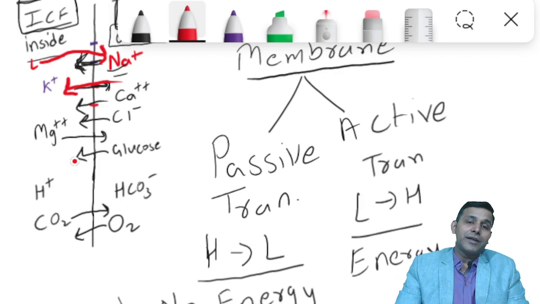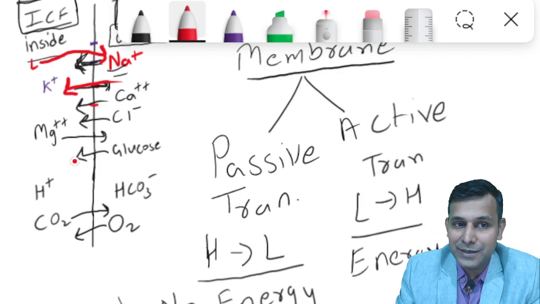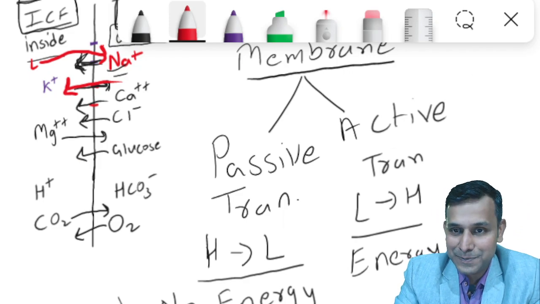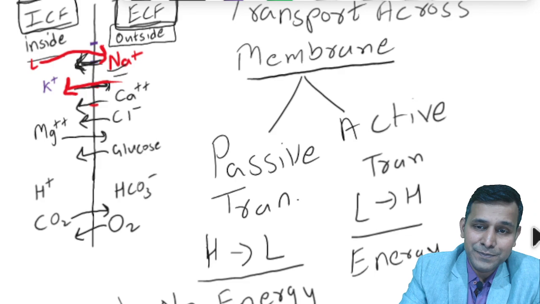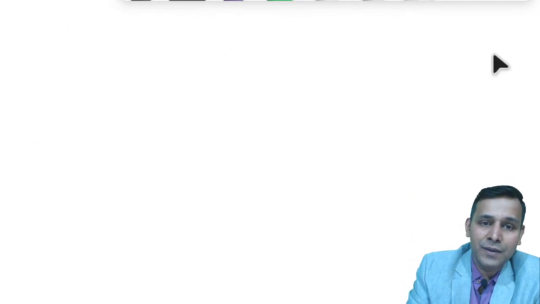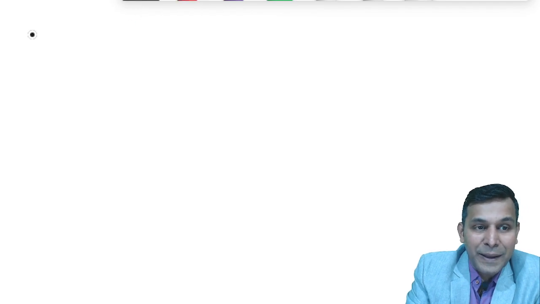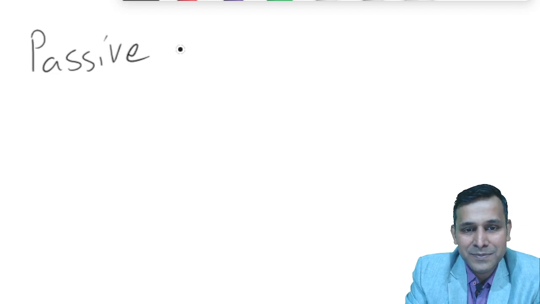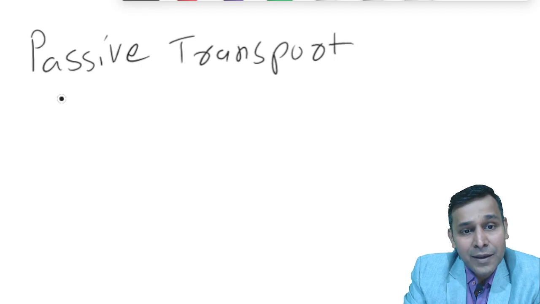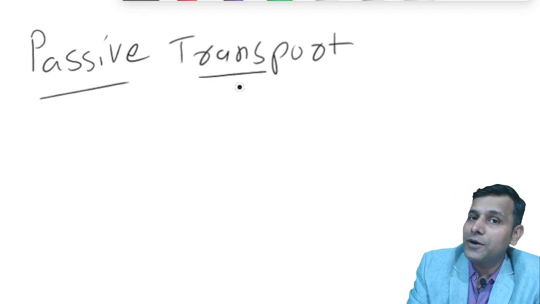Now let us study each transport process in detail. First of all, passive transport. A passive transport comprises three important features.